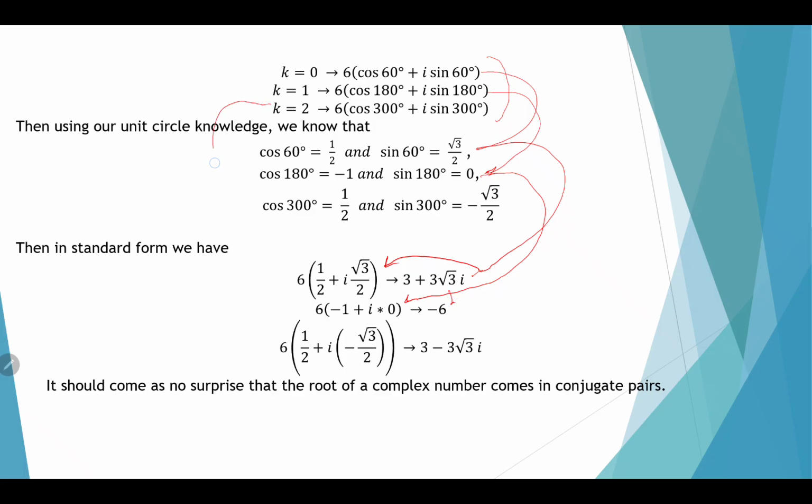And the third one goes to here, then down to here, and then over to here. You'll notice we get conjugate pairs. It should not be surprising. This should feel natural. There's our conjugate pairs, here and here. And then this one comes out to just be a number, because there were only 3 roots.